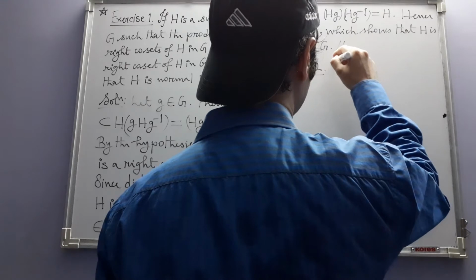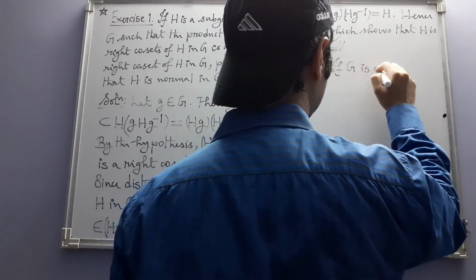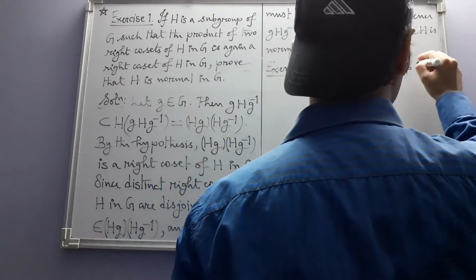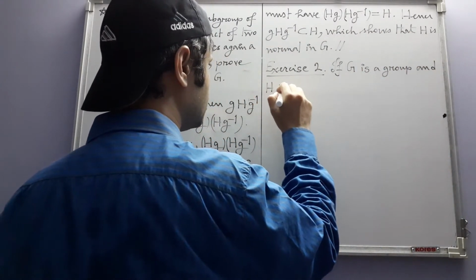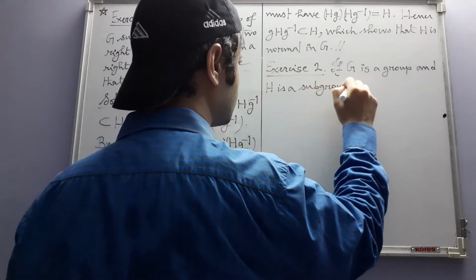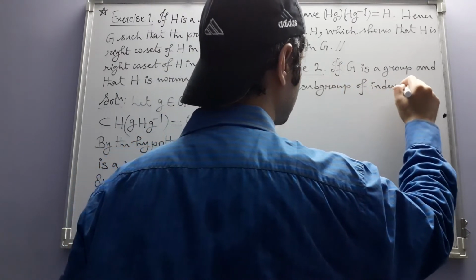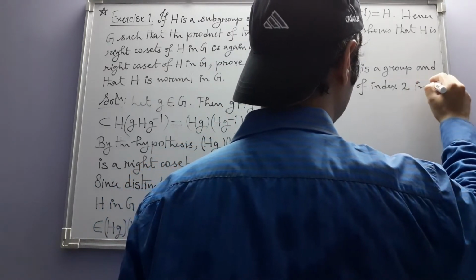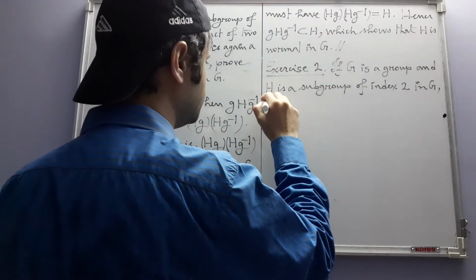If G is a group and H is a subgroup of index 2 in G, prove that H is a normal subgroup of G.